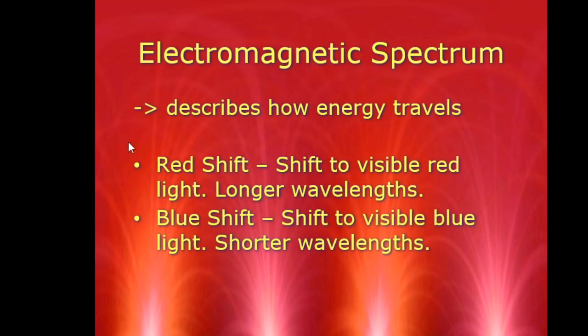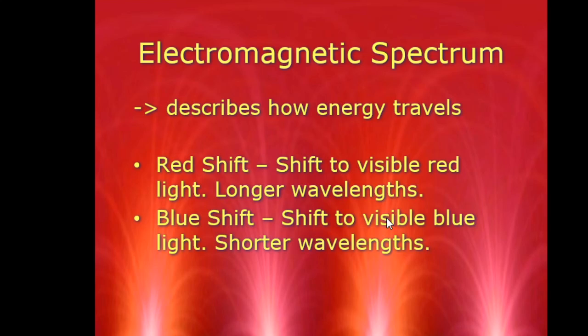So these are very important concepts here, a red shift and a blue shift. You'll see in a minute when you look at the picture, we see colors, but we can't see outside that visible spectrum. If we see a red shift, if we see more red light, it's a shift to the visible red light, and that has longer wavelengths, okay? So remember that. And if we say blue shift, that is a shift to the visible blue light, and those have shorter wavelengths.